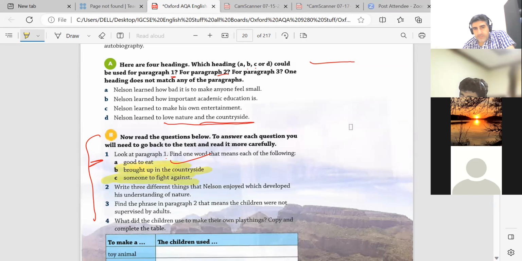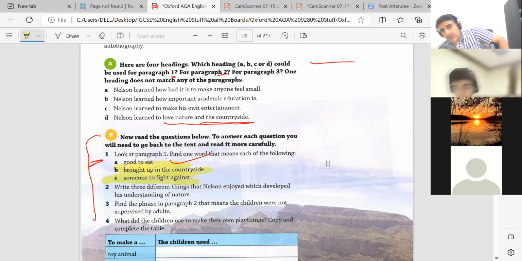I thought it was the first one. I thought it was good food. No, good to eat. You misread it. It's okay, no problem. So good to eat means edible. Edible roots means something useful to eat. Okay, you can eat.